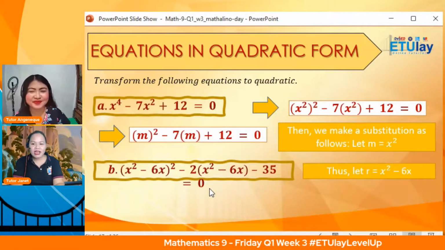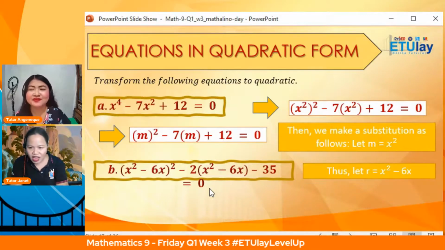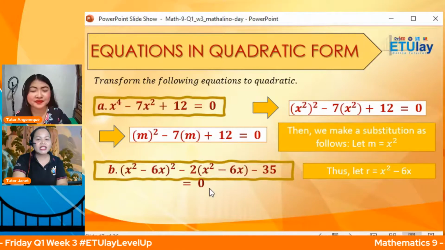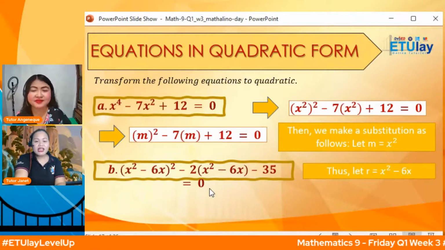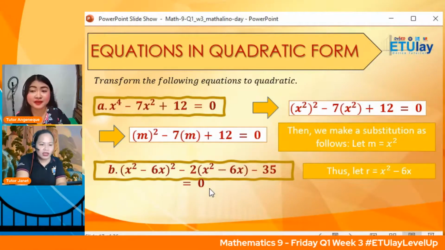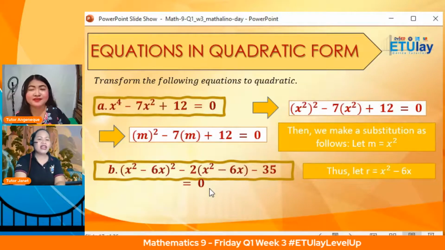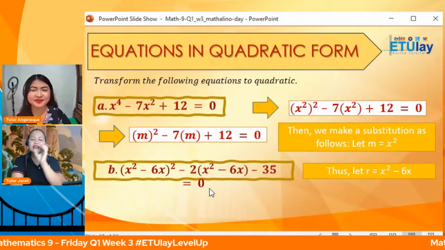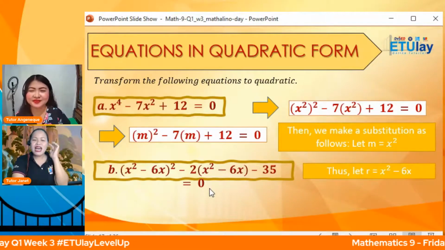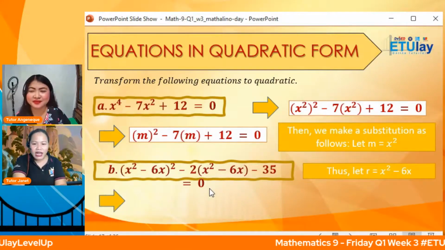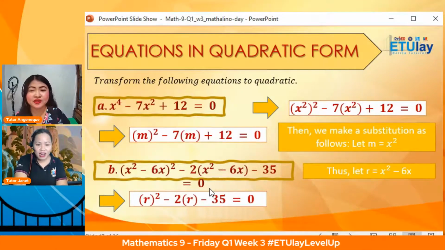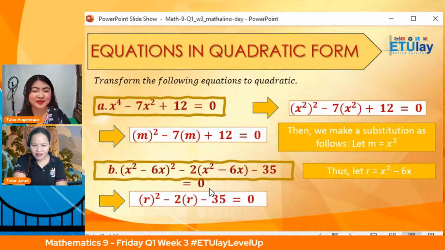So, we can use any variable. In this case, pinili namin ni tutor na i-represent siya with letter R. So, let R is equal to yung expression na yan na nasa loob ng parenthesis, which is common to our first term and second term. So, meron na tayo ngayon na r squared minus 2r minus 35 is equal to 0.